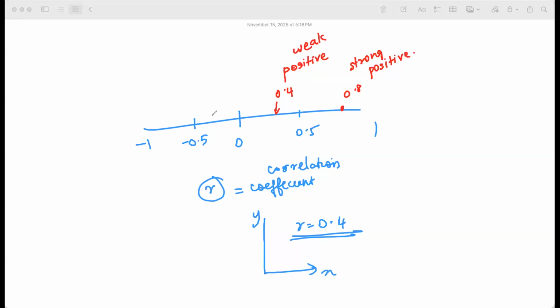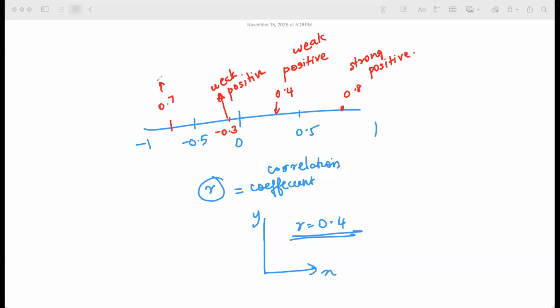Now, suppose let's say my correlation coefficient is minus 0.3. Adyan, do you want to say what sort of correlation coefficient that is? Is it strong or weak? Weak positive. Last year you know now, right?